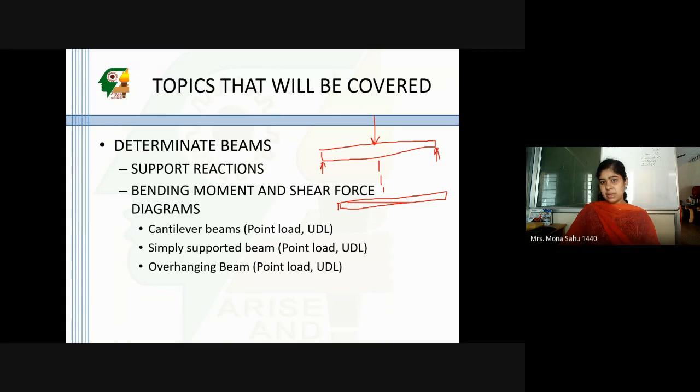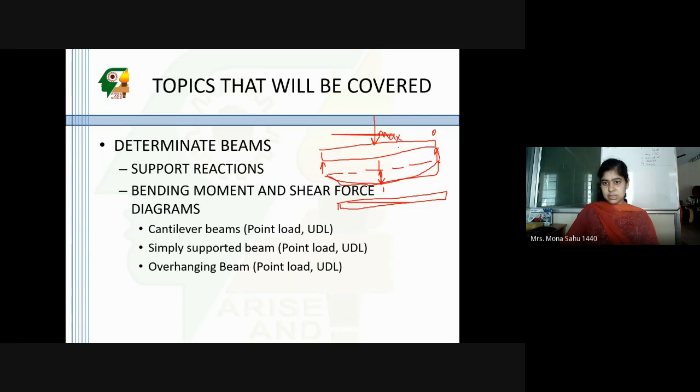But if there is a support, the beam is going to bend like this. If I take a line here, the bend is maximum where the load is acting, then it decreases, and finally at the support it is 0. So here the bending moment is maximum.